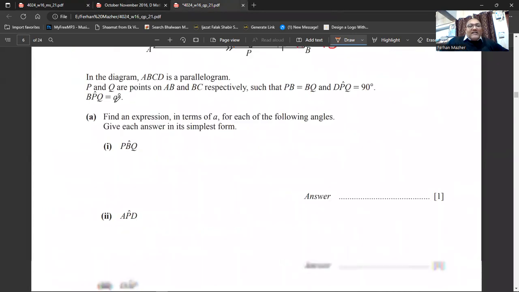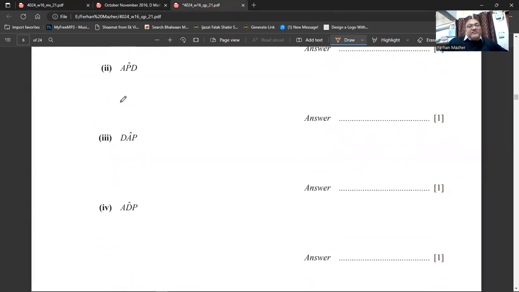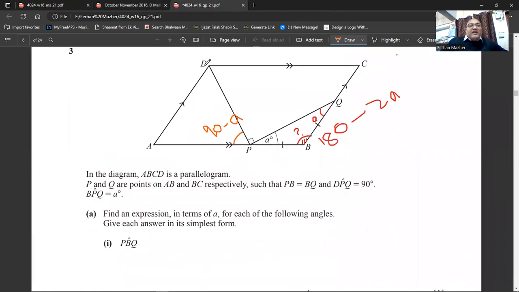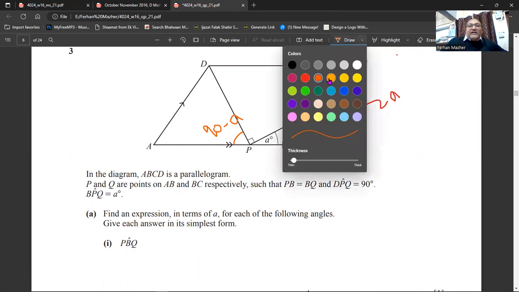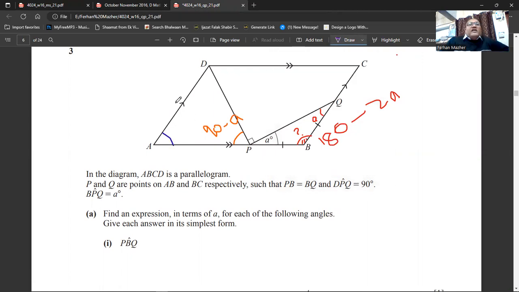Now the next question, DAP. They want me to find out this angle. Can you see these two lines, AD and BC, are parallel to each other? So this angle and this angle will be allied angles of the parallel lines, so their sum will be equal to 180.